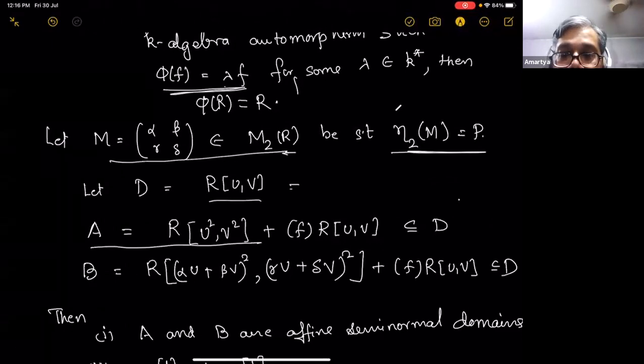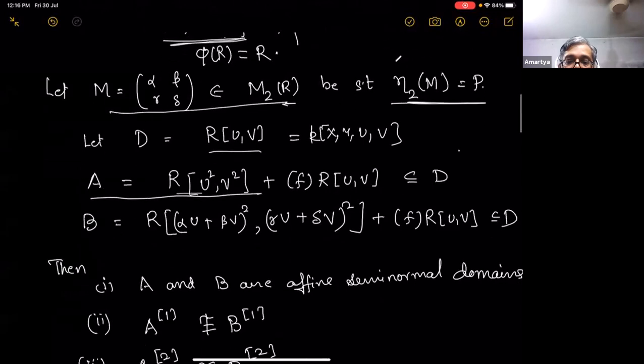So D is K[X,Y,U,V]. And inside this ring, I consider these two subrings, A = R[U square, V square, ...] and B = R[...] under this map: (alpha U plus beta V) whole square and (gamma U plus delta V) whole square. So these are the two subrings.